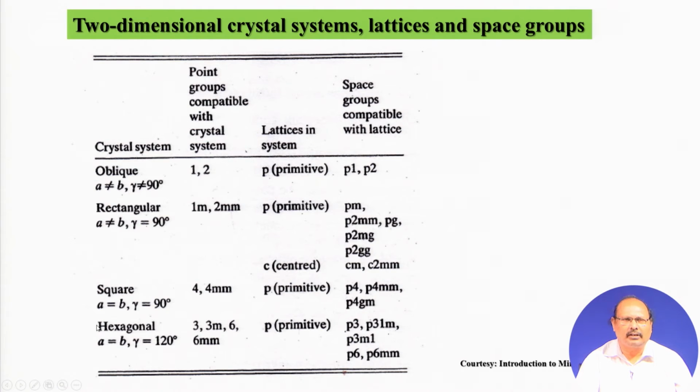And in case of hexagonal two dimensional lattice, where A is equal to B and gamma is equal to 120 degrees, there are 4 possible point groups of symmetry which can be combined with this kind of plane lattice here. And what you have here, the primitive type of lattice can be combined with 3. So, we call it P 3, and P can also be combined with 3 m combination, but depending on how the translational symmetry direction is related to the directions of orientation of mirror planes, you can have two separate types of combination.